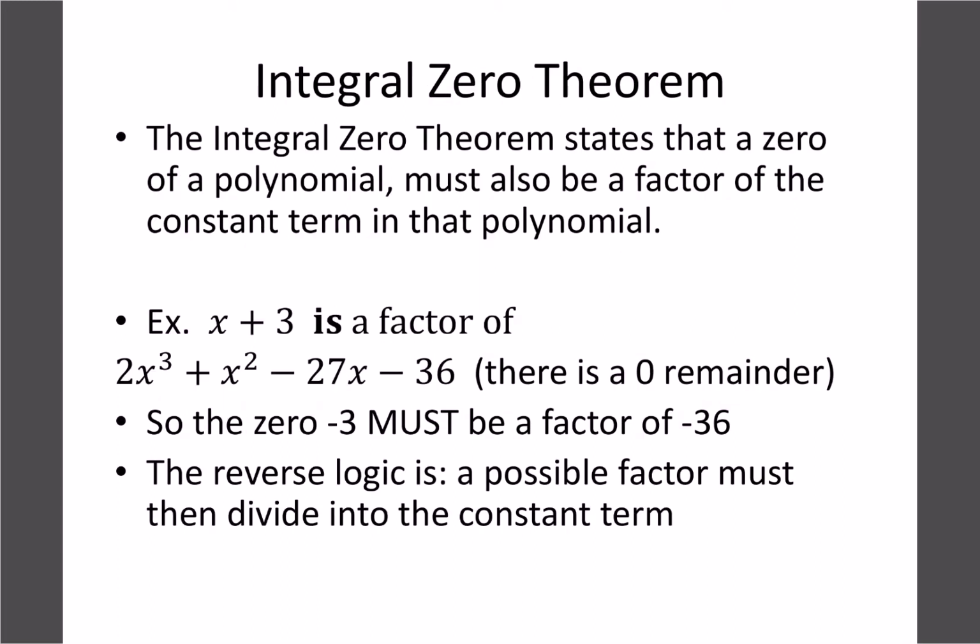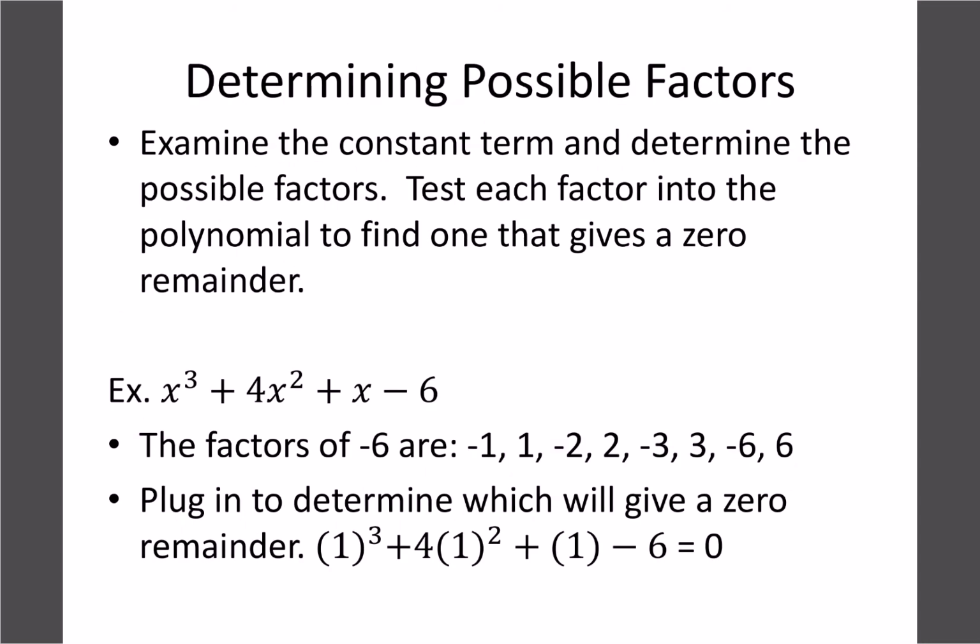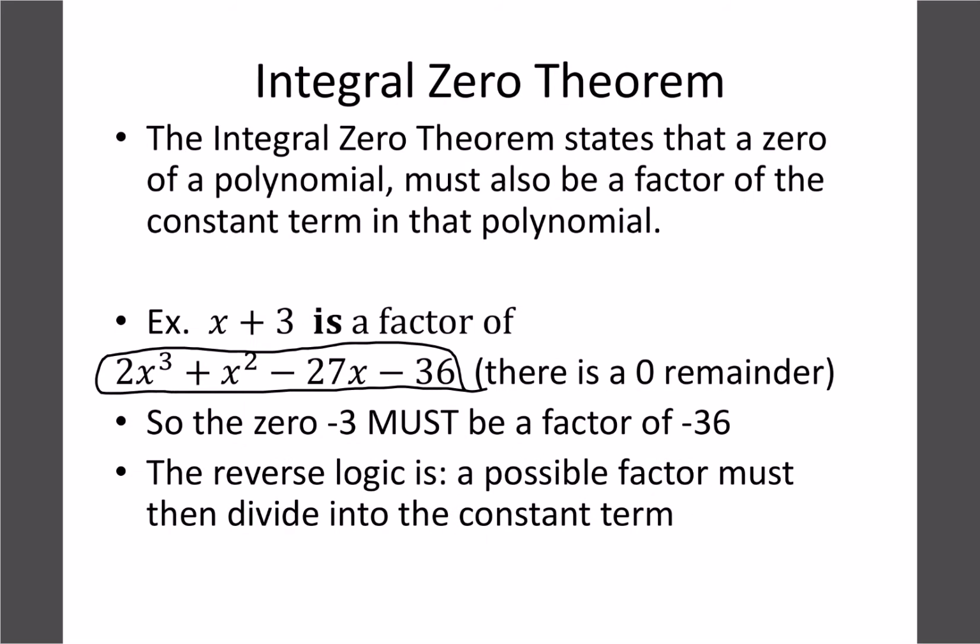So the factor theorem says we need to get a remainder of zero. So a zero of a polynomial must be a factor. So that means then if x plus 3 is a factor of this equation, then we must get zero remainder. So all we have to do basically is check that out. So if this is the case, let's do this one with synthetic.